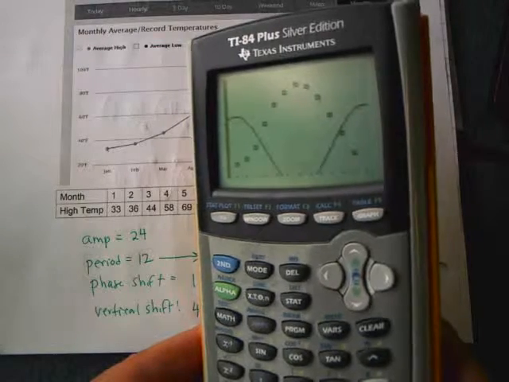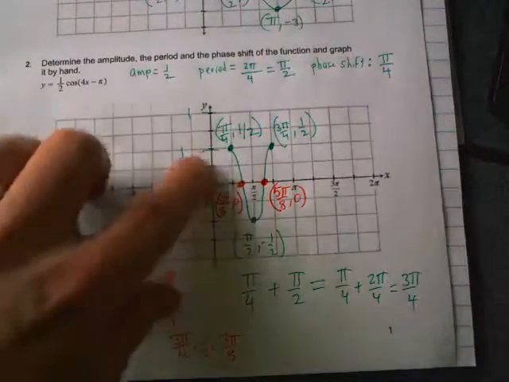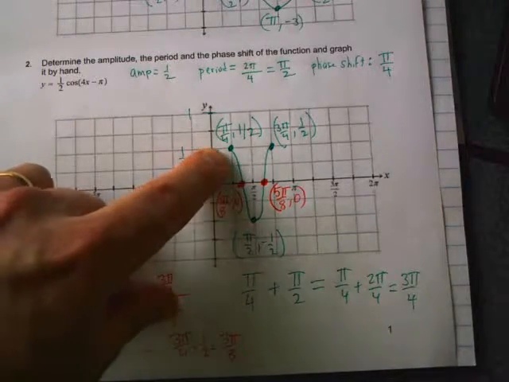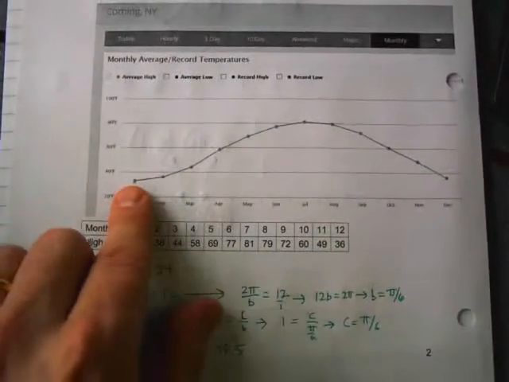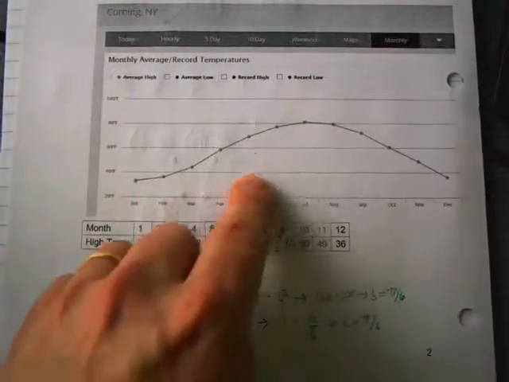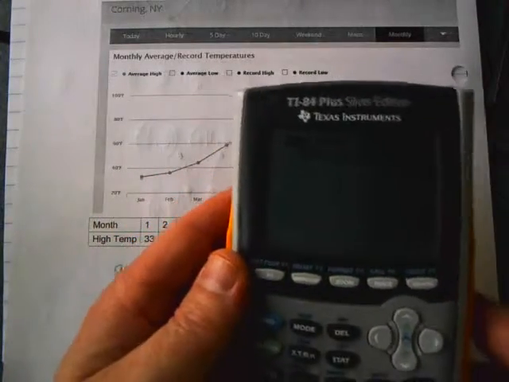Make my A number be negative. Why should my A number have been negative? Cosine graph usually starts high and goes low, doesn't it? What's this one doing? It's starting low and going high, so my A number certainly should have been negative. All right, so I'll fix that.